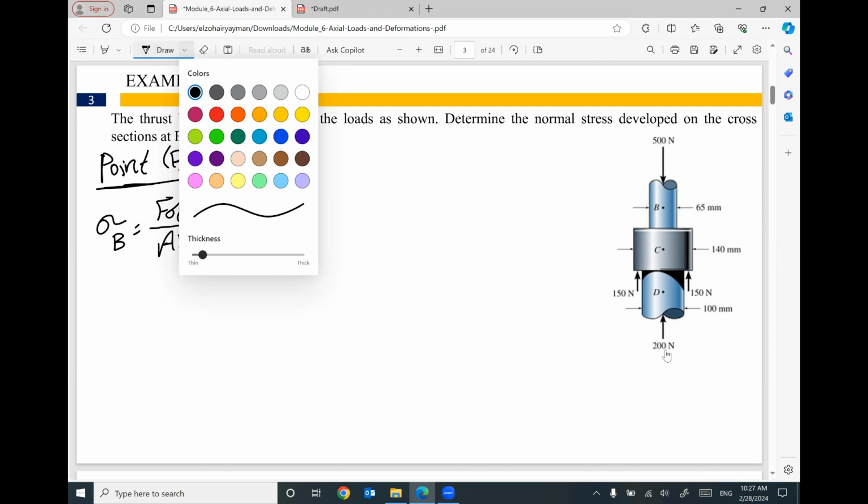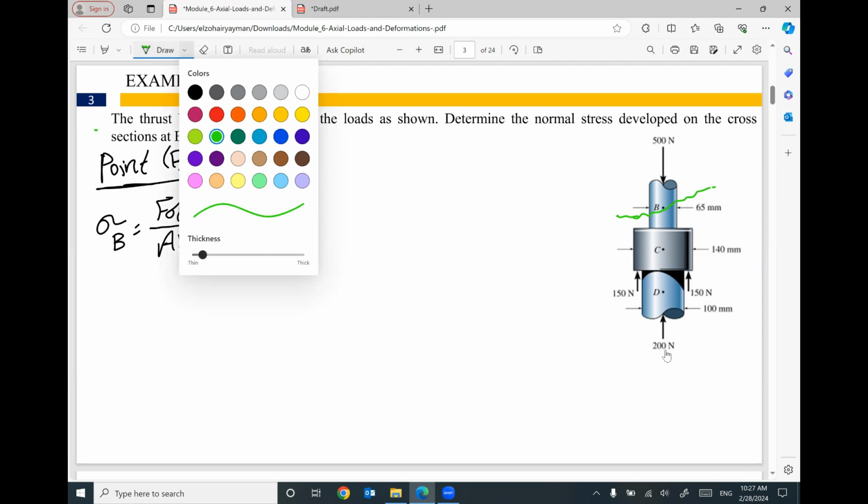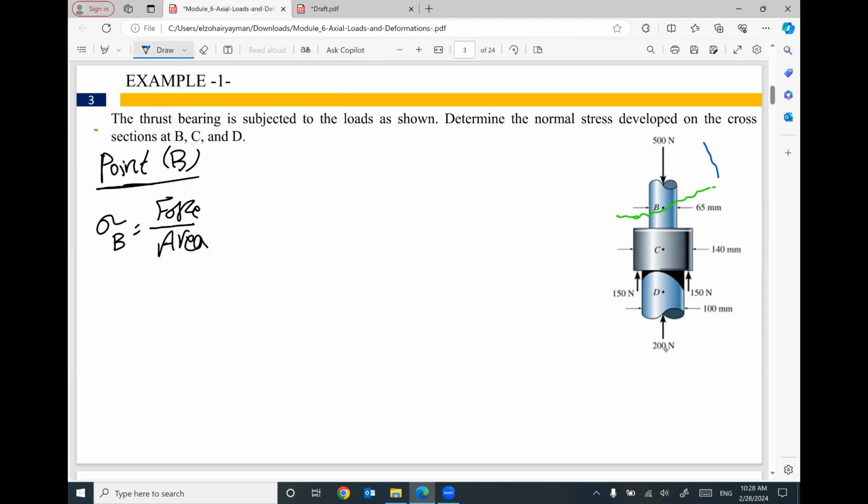If you would like to figure out the applied force at point B, I'm going to do a cut. I have two options. I can work with the upper part or the lower part. It's up to you. So I can use this part, which is very easy. This part looks like this, and I did a cut here at point B. And we have an applied force at this end, 500 Newton.